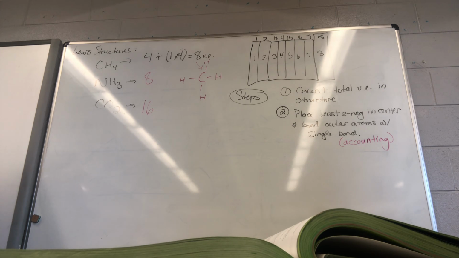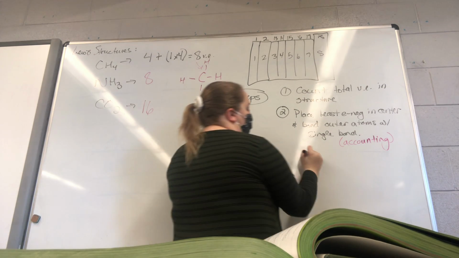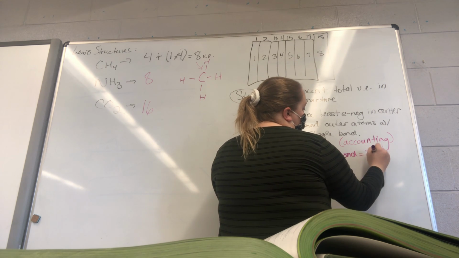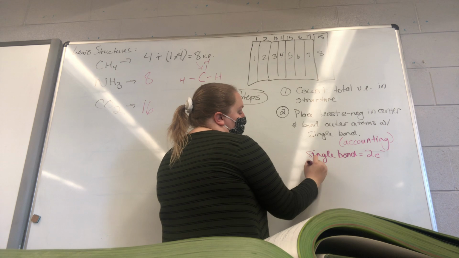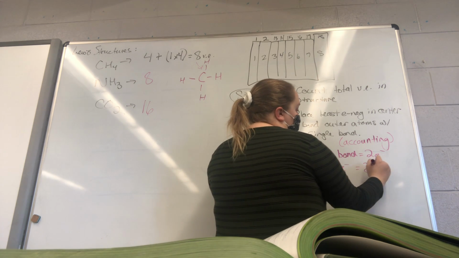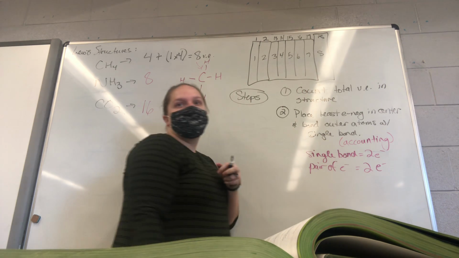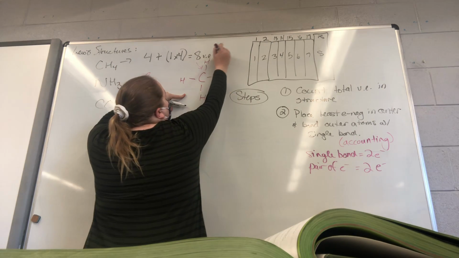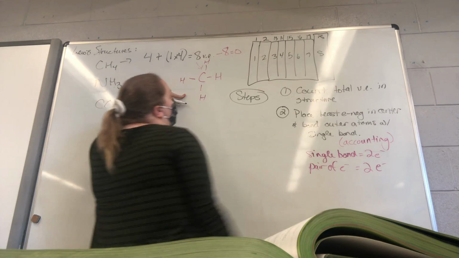So remember that every single bond is 2 electrons, and then there are pairs of electrons, which also equal 2 electrons. So every dot is its own electron, every line is 2 electrons. So how many total do we have? So we have no more to add, right?